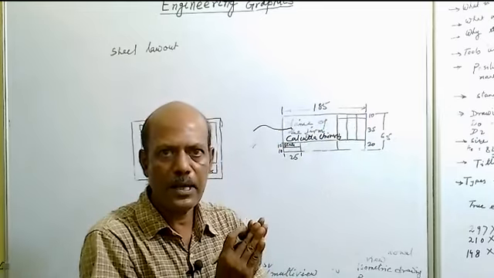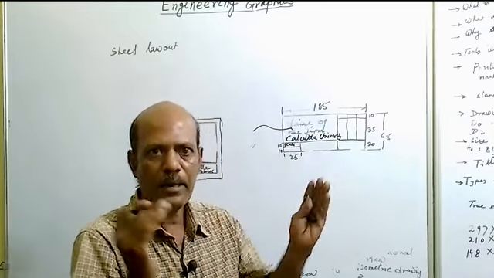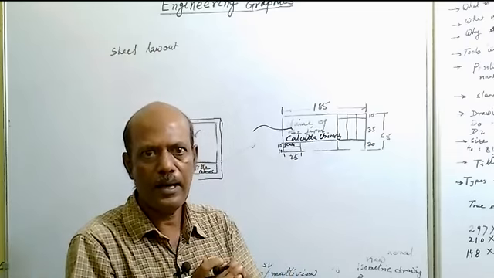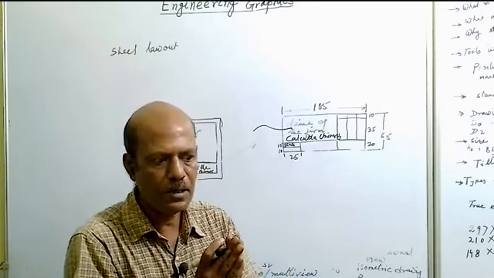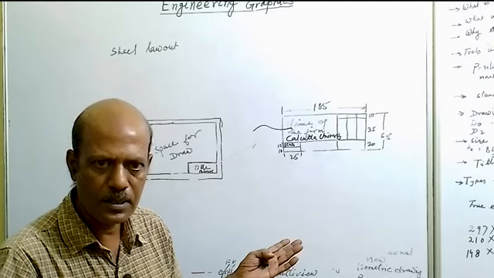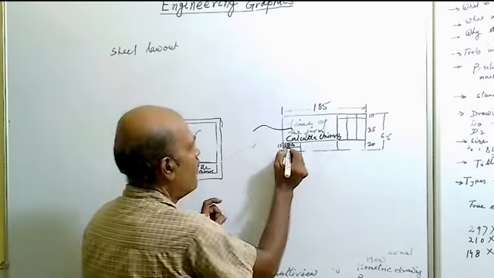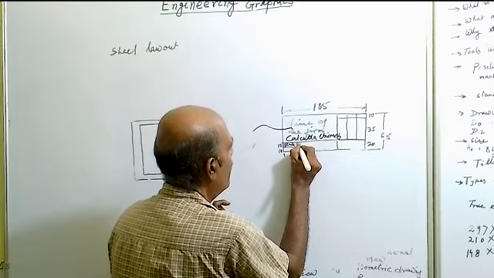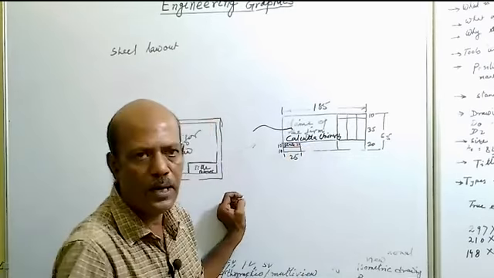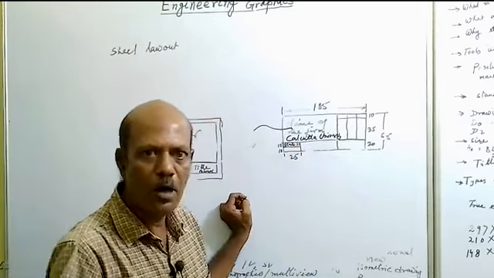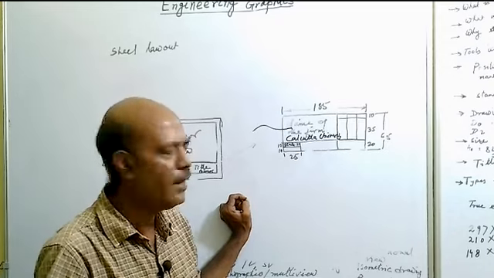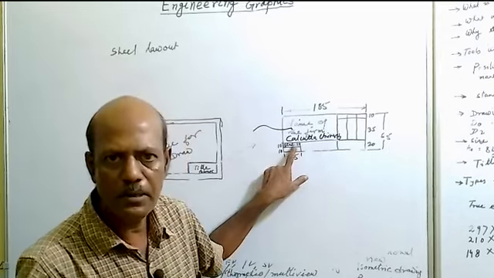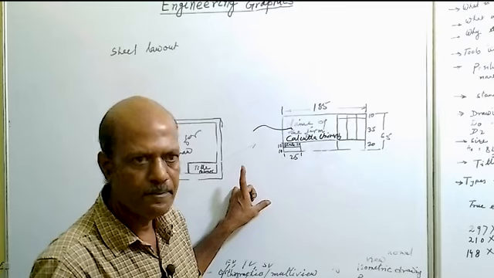Sometimes the drawing can be made smaller than the actual size, or sometimes it may be larger than the object size. So the scale factor will be used. So scale 1:1 or 2:1 or 1:2 or 5:1 or 1:5. That means the scale information will be written here.